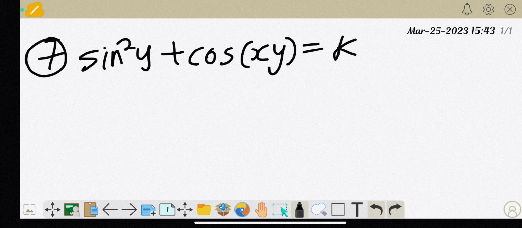Exercise 5.3. What is differentiation of sine square y? It is 2 sine y. Then sin x differentiation is cos x. So here cos y, then differentiation of y is dy by dx, correct?